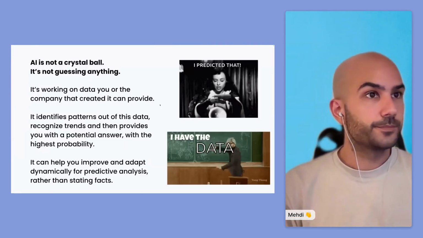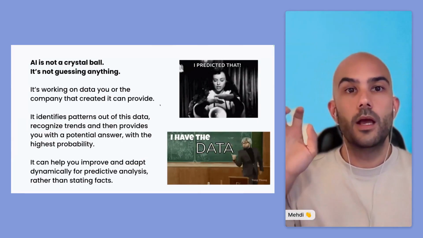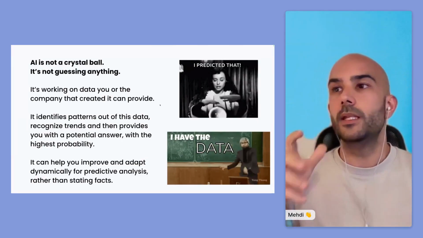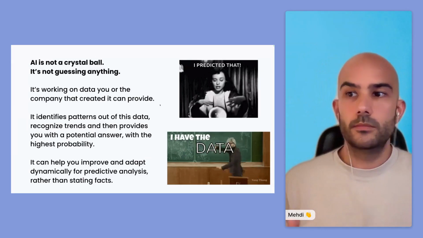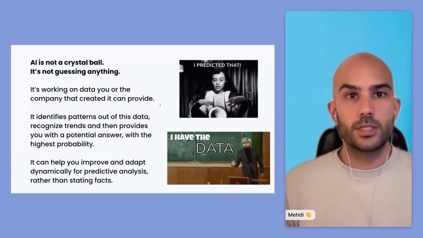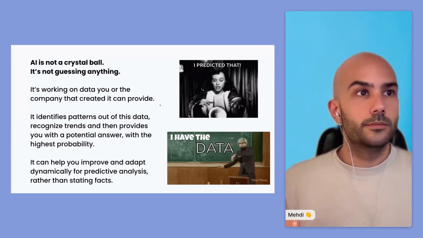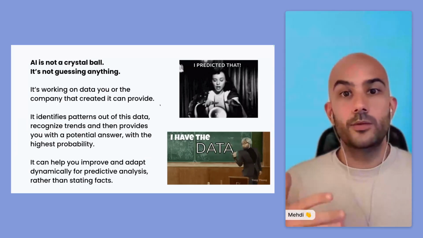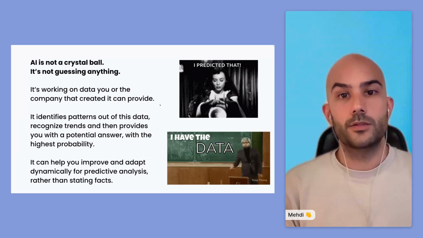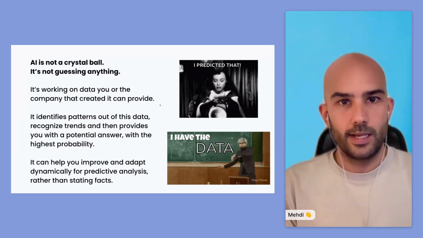Let's go. First thing, AI feels like magic. So when you ask questions to any AI model, you tend to believe that it's giving you the truth. It's not the case. AI is not a crystal ball. It's not guessing anything.